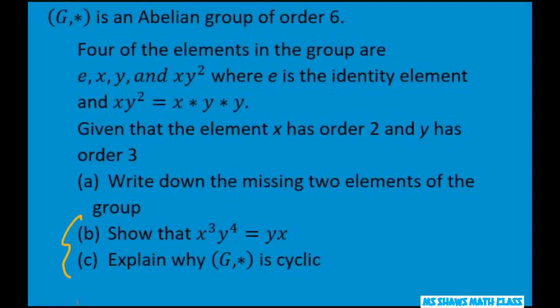We're going to show that these are equal and explain why our group is cyclic. So basically, for the first one, let's write down our group G. And we know we have E, X, Y, and XY squared, where E is the identity element, and we need 2 more elements.